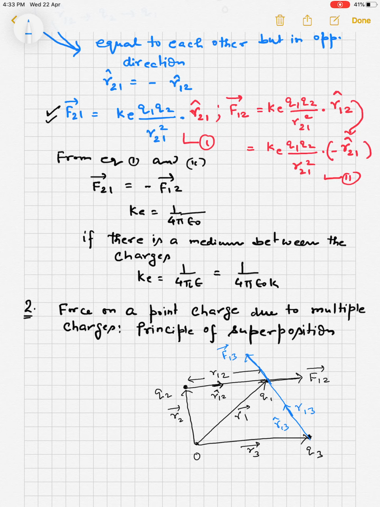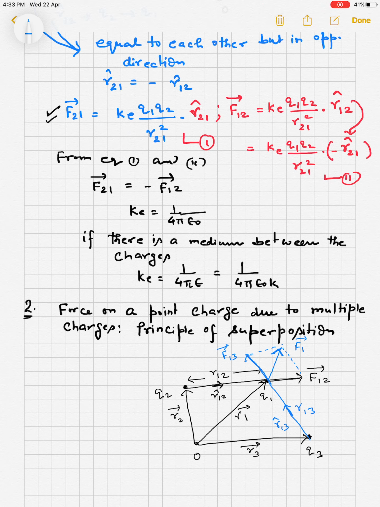So these are the two vectors. So the resultant will be found by using the parallelogram law of vector addition. So in this direction, the net force on Q1 will be this F1.